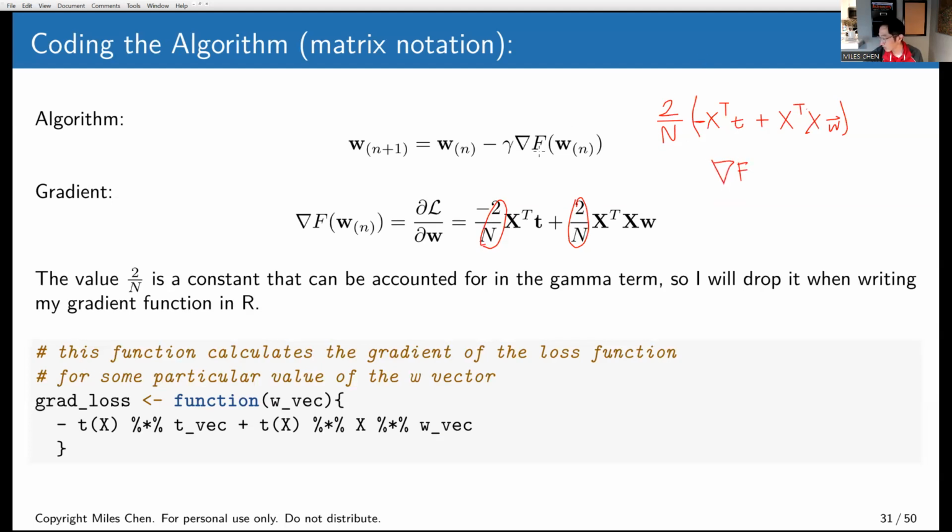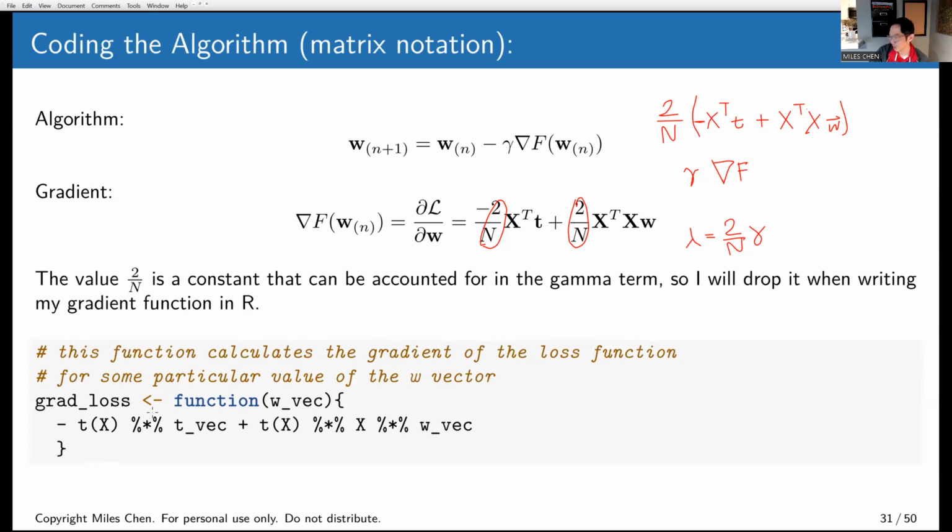And we said in the algorithm that I've got gamma times nabla F. So what if I replace, let's say, lambda with 2 over n times gamma? Then I could just have lambda times this component. So this gradient loss function is just going to be this part.